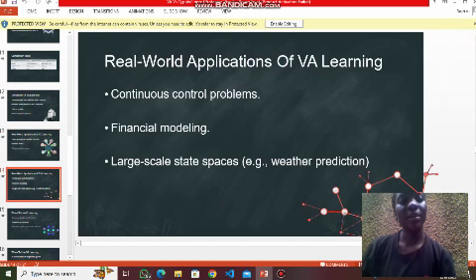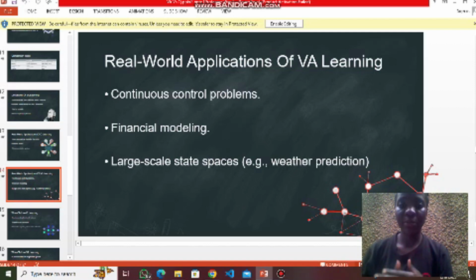To continue with the real world applications of VA learning, remember, it works with continuous state spaces and can work on large states. So basically, it's applied in continuous control problems. When I talk about continuous control problems, look at environments where the actions and states are continuous.